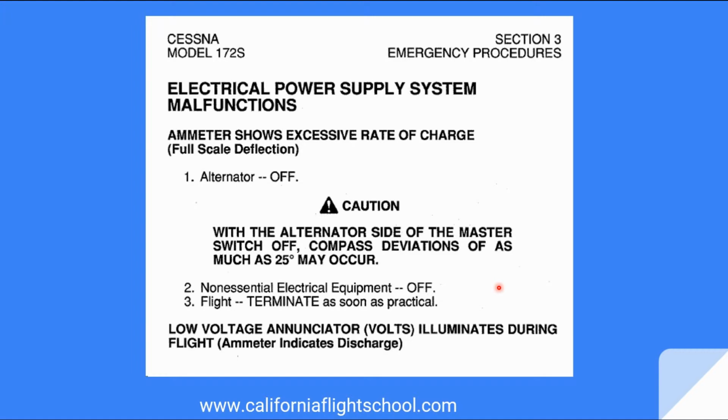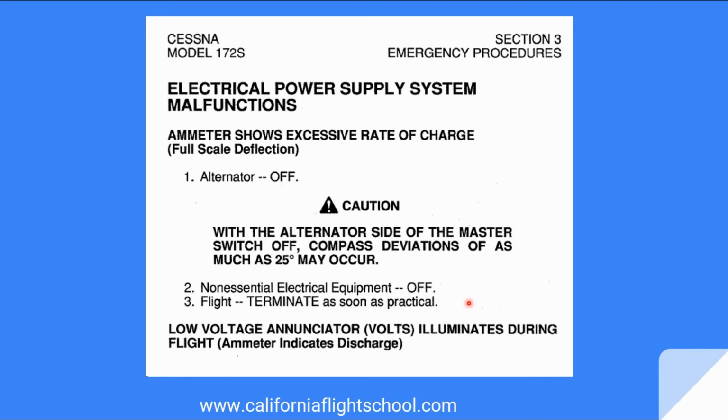Very generally, really, this is just about an alternator that is, let's say, malfunctioning, giving an excessive rate of charge to the battery, and the pilot response might be to turn the alternator off for that problem, then turn non-essential equipment off, and then terminate the flight as soon as practical.